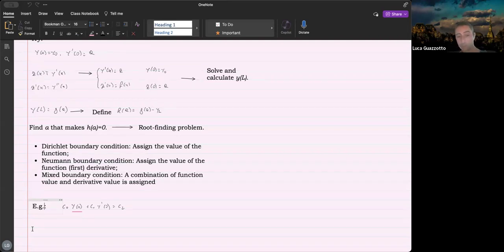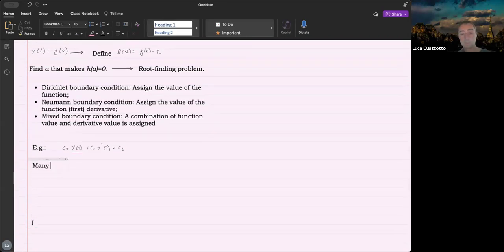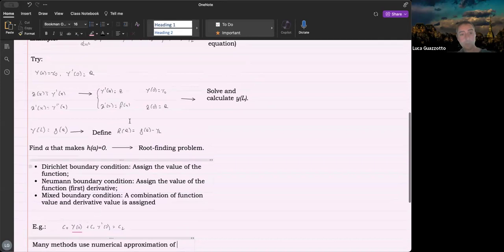So what do you do? And this is a pretty standard way to proceed. And do a numerical approximation. Call my function here h.